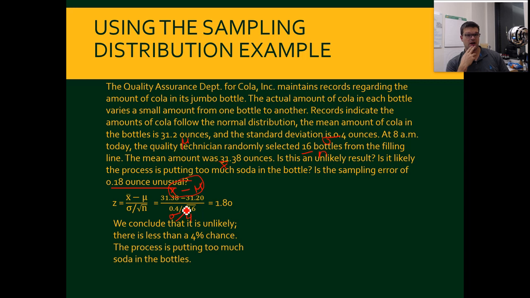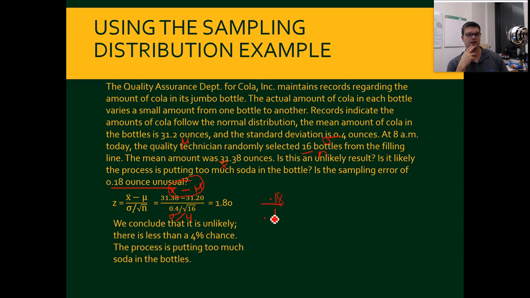So you've got 0.4 divided by 4, which is 0.1. In other words, 0.1 is equal to the standard deviation of the mean distribution, or the standard error of the mean. And the standard error up here is 0.18.